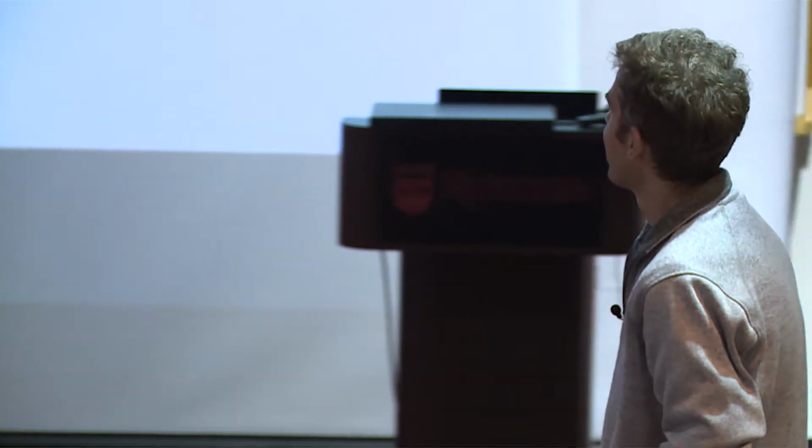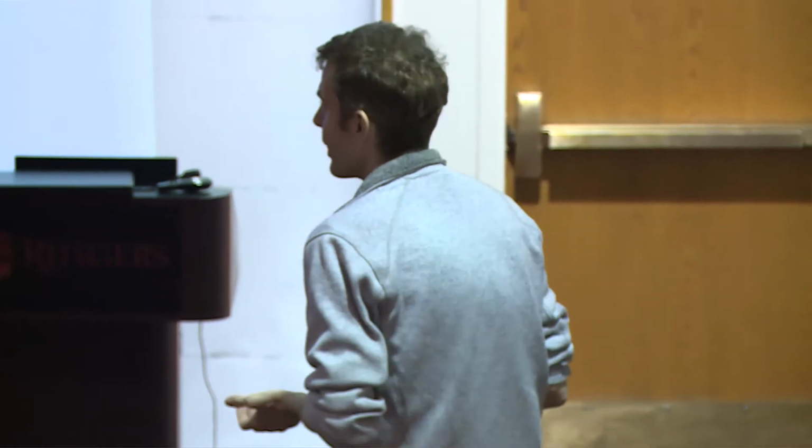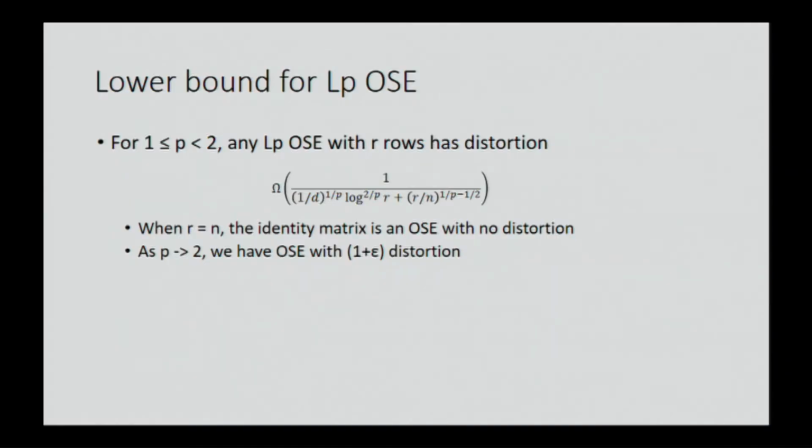OK. So our first main result is a negative result. We show that for any p, not just p equals 1, for any p between 1 and 2, strictly less than 2, any Lp oblivious subspace embedding with r rows has to incur this amount of distortion.